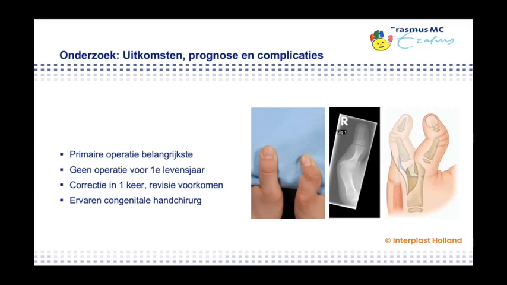And try to do it, like I said before, at once, because if you have to revise it later on, it won't be as functional or aesthetically pleasing as when you do it well in your first operation.